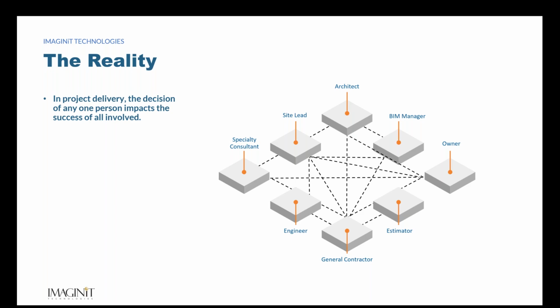And so all of those dashed lines are the ways that we need to be able to communicate with each other, and we need to make sure that the tool supports that. How do we keep our owner happy? How do we keep and ensure future work with that owner? Well, we can do that through effective construction administration. It's not just the design side of what we're doing, but it also involves how well we help that owner with managing the construction process.